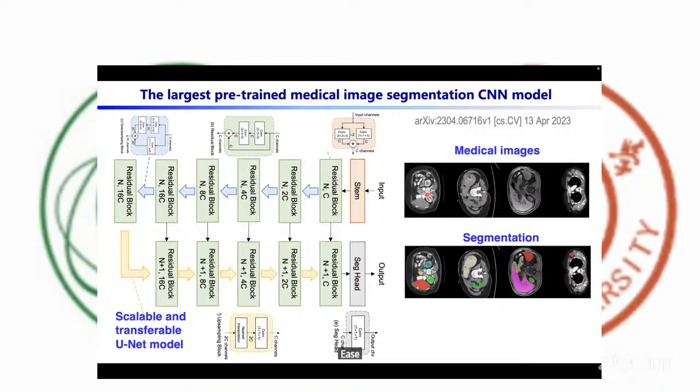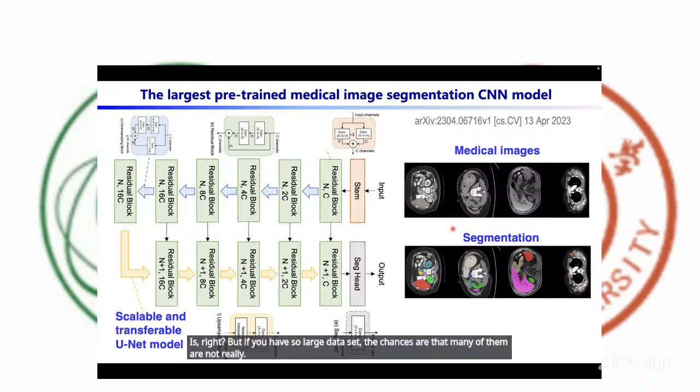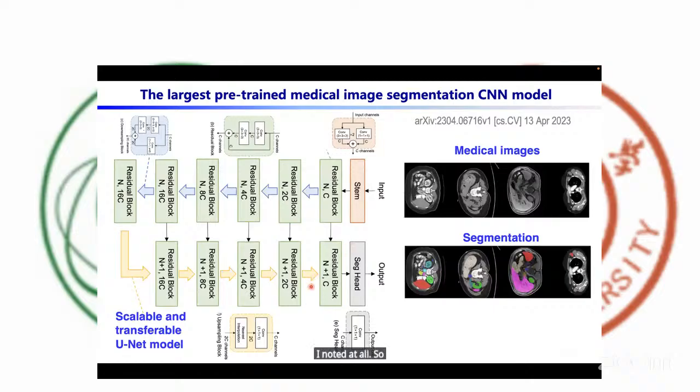But with such a large data set, chances are that many of them are not annotated at all. So that's why we need a pre-training type of model.